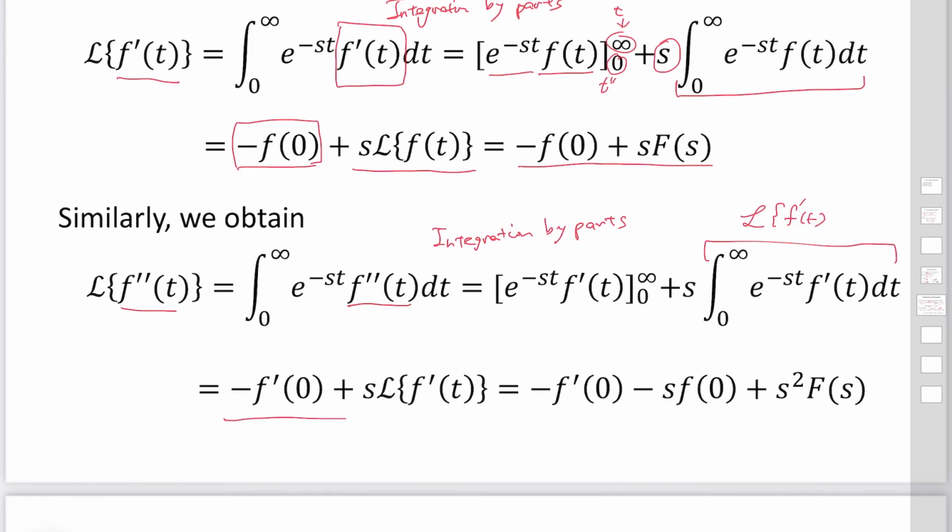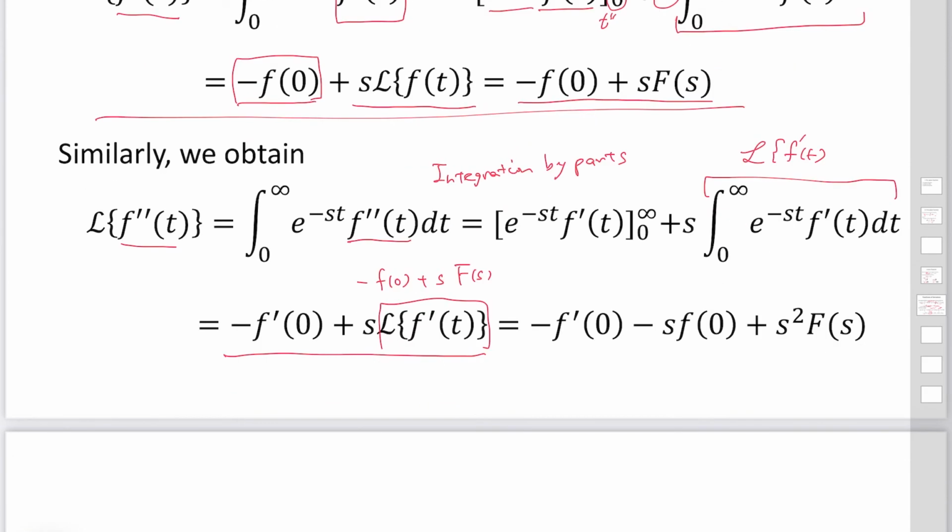So we come to these equations. Then we substitute the Laplace transform of f prime using the result from the first term, which is minus f(0) plus s F(s). It becomes minus f prime(0) minus s f(0) plus s squared capital F(s). This is the Laplace transform of the function f.